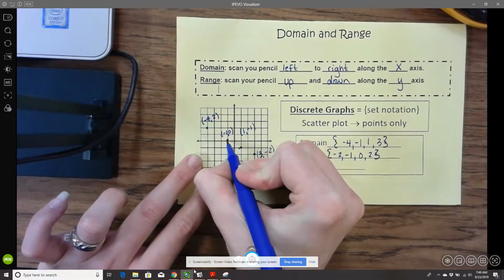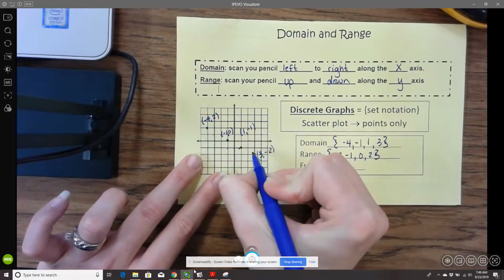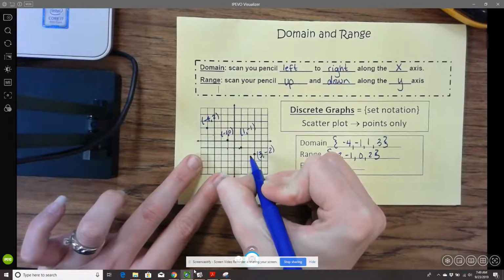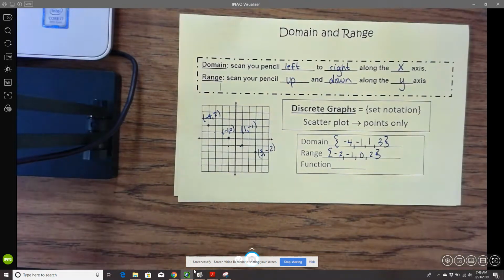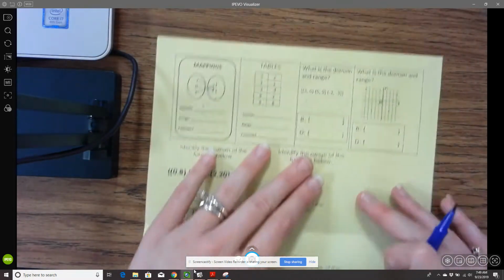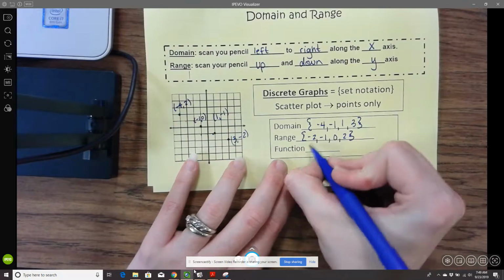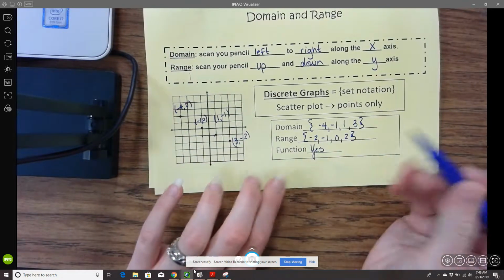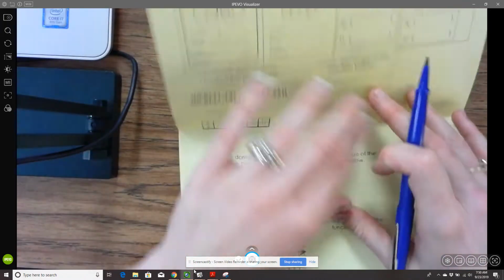Oh, hang on, I may have put a point in here wrong. Down 1 over 2, yeah. So it's not a linear graph, it's a quadratic graph, and you will get more into your quadratics later. Okay, and so what we can put here for function, we can put that yes, this is a function. None of the x's repeats.